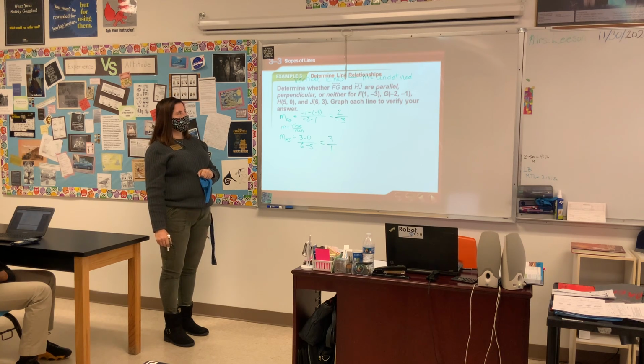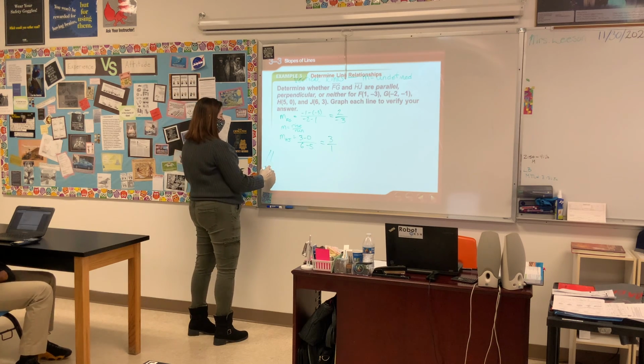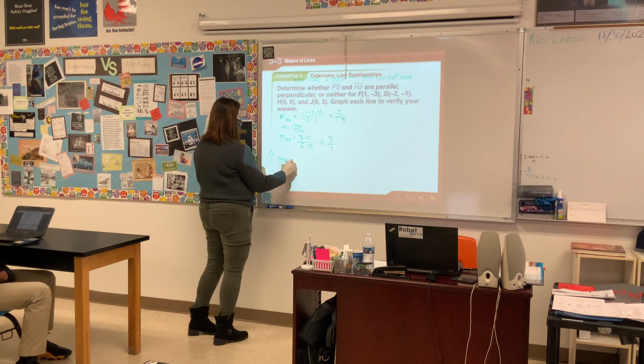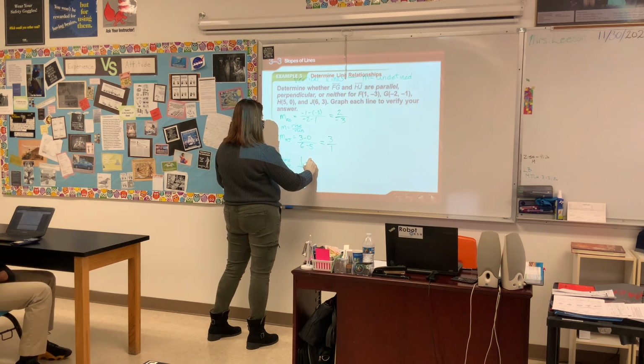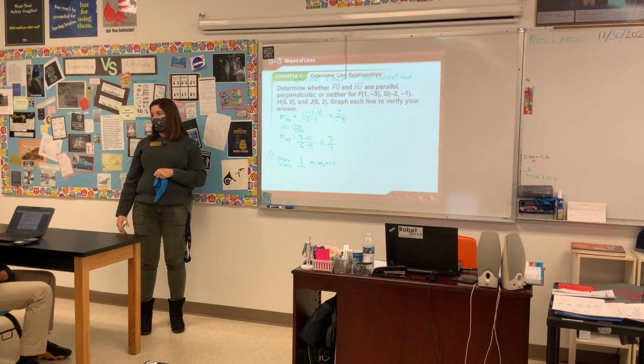Do they look like they're parallel? They don't to me. Remember that if it's parallel, they're going to have the same slope. If it's perpendicular, then the product of the slopes is -1, and if it's neither one of those, it's neither.